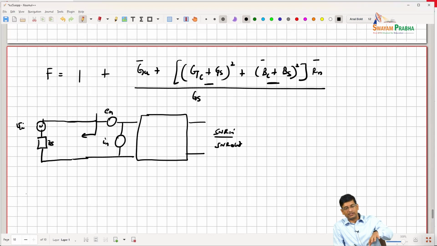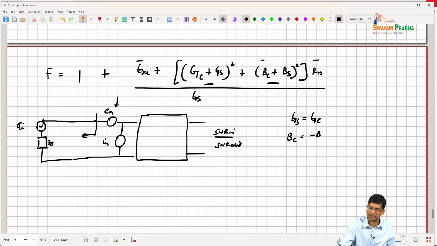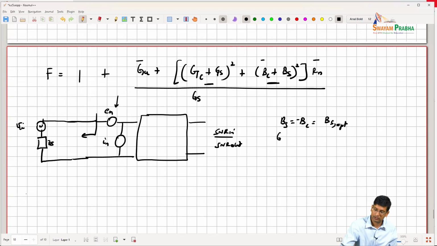Now this source impedance, notice, depends upon, so we can basically see that Gs is equal to Gc and Bs equal to minus Bc, right? Oh sorry, that's not completed, there's an opt here. So Bs opt is minus Bc, which we call the optimum source susceptance, and Gs opt is square root of Gc squared plus Gu over Rn, right?